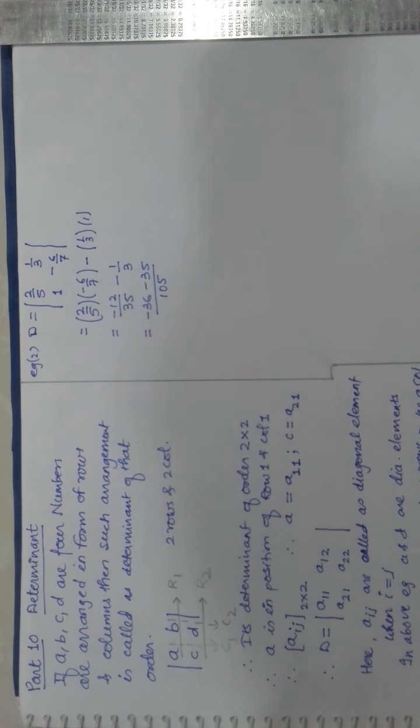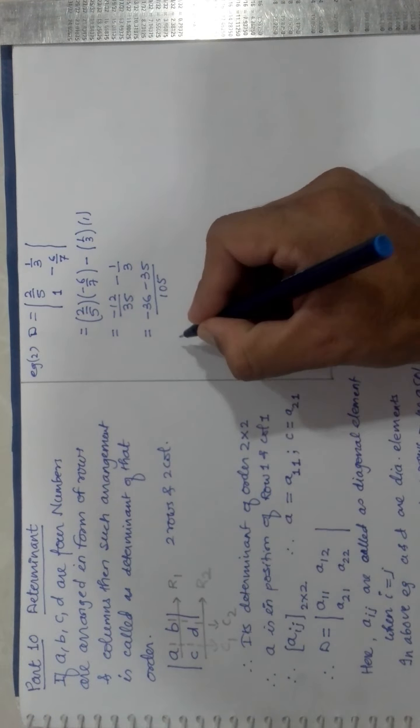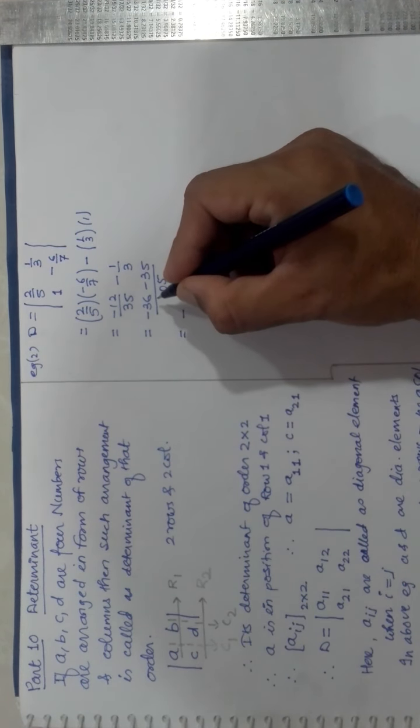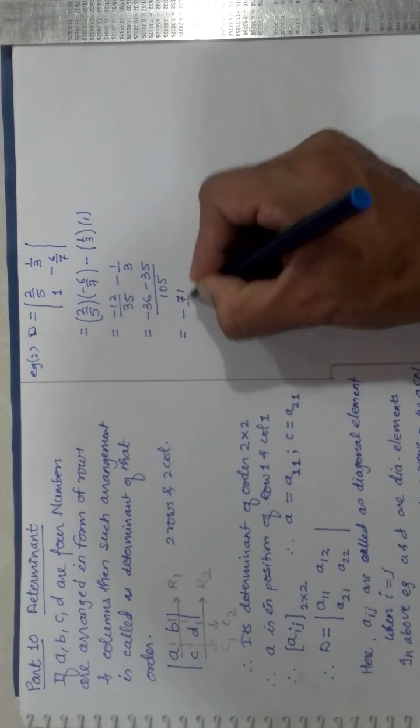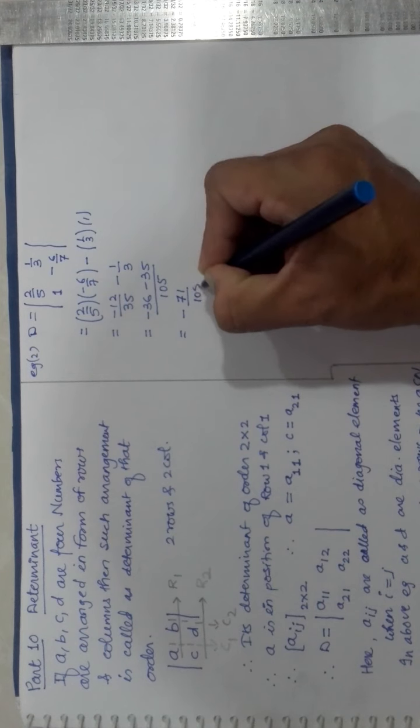Okay. So now you can see that here I have 36 with a minus sign and 35 with a minus sign, and the denominator has become common, so I can add or subtract them. Both have the same sign, so I am going to add them, and the answer always gets the sign of the larger number, that is minus. 36 plus 35 is minus 71 by 105.